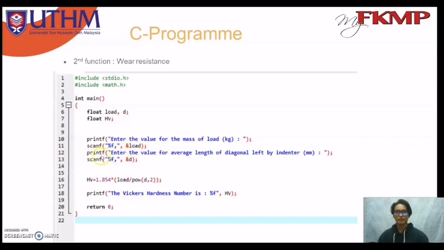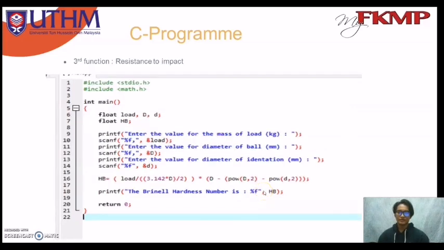Then, using printf, we enter the value for average length of diagonal left by indenter in millimeter and scan the value into float D. For the calculation, HV is equal to 1.854, which is the constant, times load over D square. Finally, we print the final output as the Vickers hardness number is %f HV, return 0.